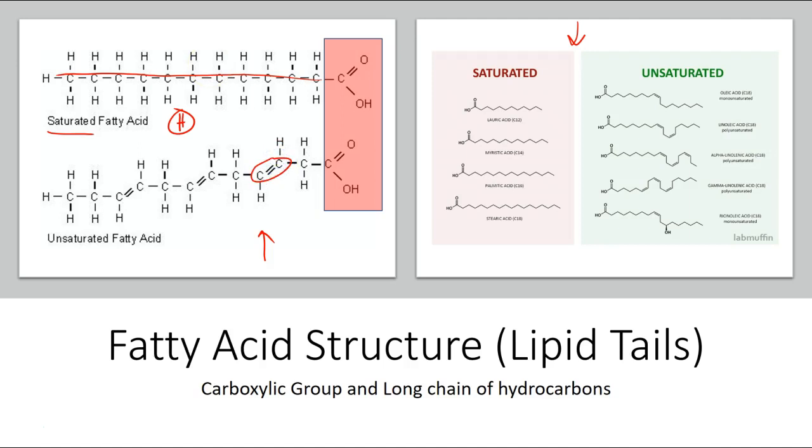Okay, and so the difference between a saturated and an unsaturated fatty acid is that when we strip some of the hydrogens off, you form the need for the carbons to form a double bond with each other, and anytime there's a double bond, it's going to form a kink or a bend in that fatty acid. The more bends, the more unsaturated it is, and the more unsaturated it is, the more flexible it gets.